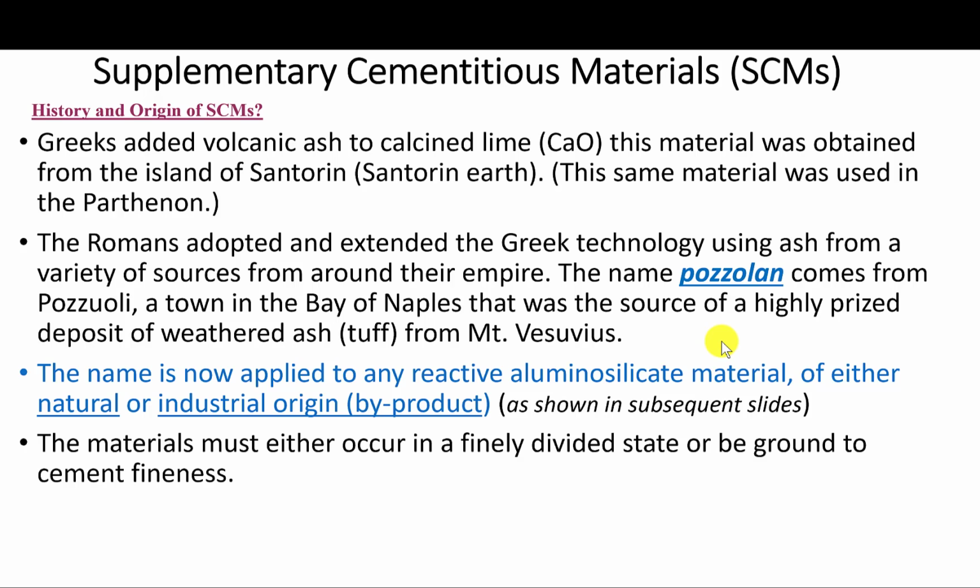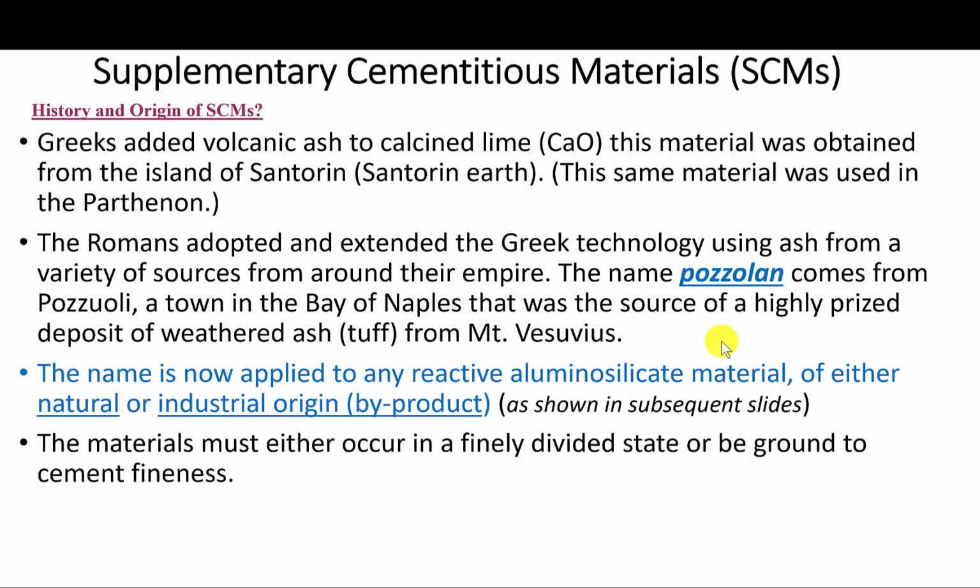So let's look at the history and origins of these materials. The addition of naturally occurring materials of volcanic origin to hydraulic limes was known to the Greeks. If you remember when I talked about the history of cement, how Portland cement developed, I mentioned that.